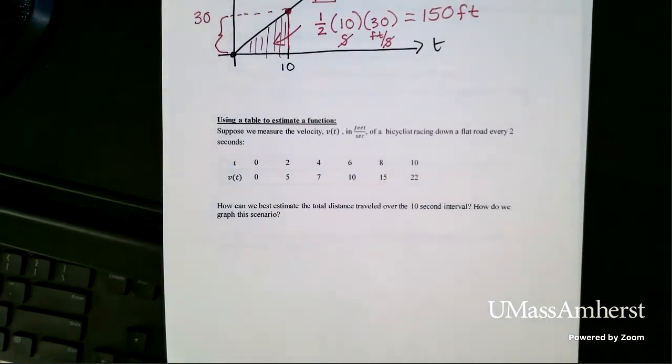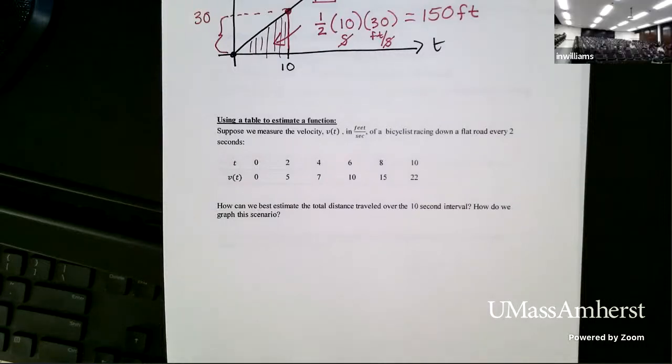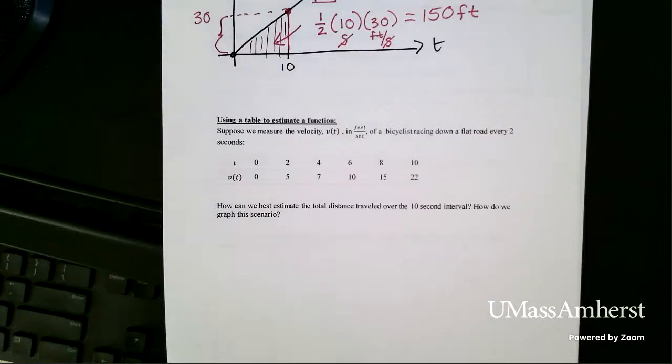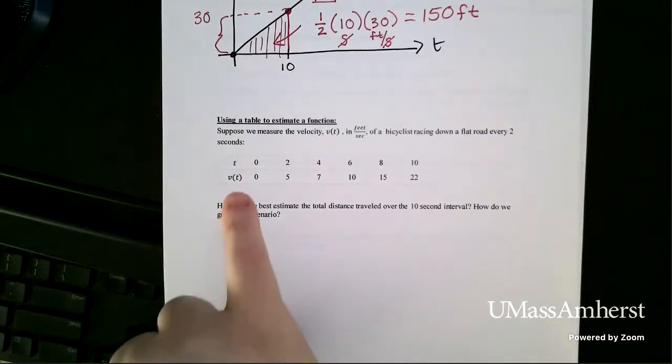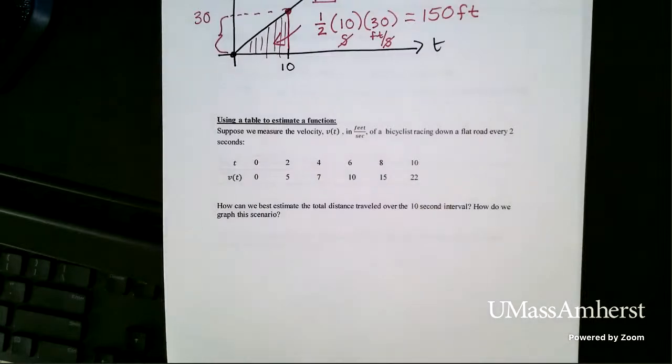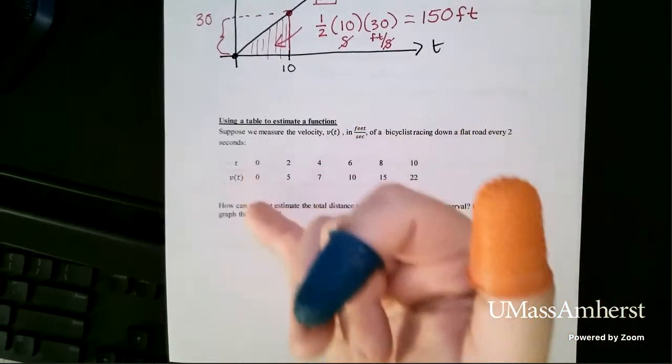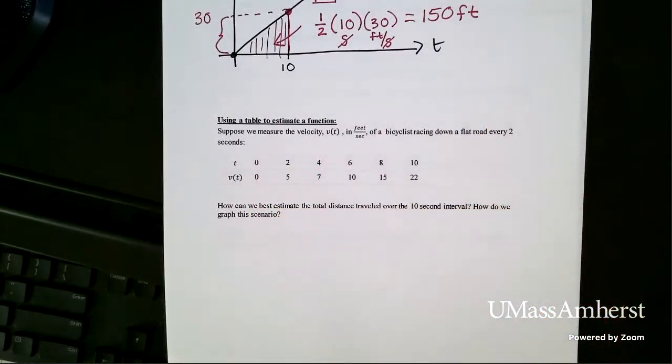Okay. The question is, how can we best estimate the total distance traveled over the 10-second interval, right? So think about what we were doing before when we talked about those sort of legs of the trip, right? We were going 50 miles an hour for 4 hours. So what we can't do is multiply just straight down velocity times time.